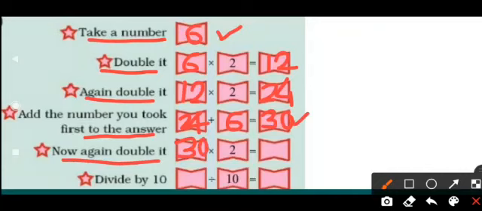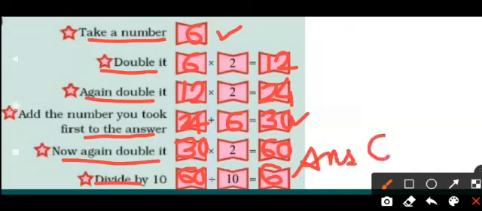Now we have to double 30, multiply by 2, means 60. Then divide by 10. We have to divide 60 by 10. The number is 6. Now just check the last number. The answer is 6. This is the same number which we took previously. This is the surprise of this pattern.